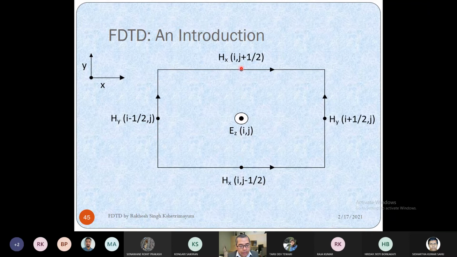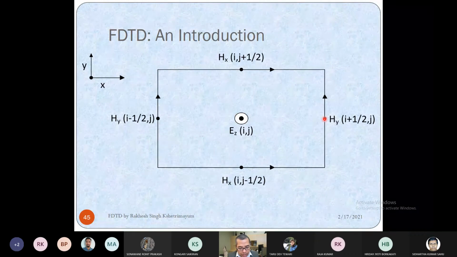So if you go up, then x is still the same i. Then this is actually j plus half delta y. So it has moved up by a half step. You move this side, you have moved along the x-axis, so i will become i plus half delta x. And this is Hy, so it will be pointing along the y direction. j doesn't change because we are at the same level here.